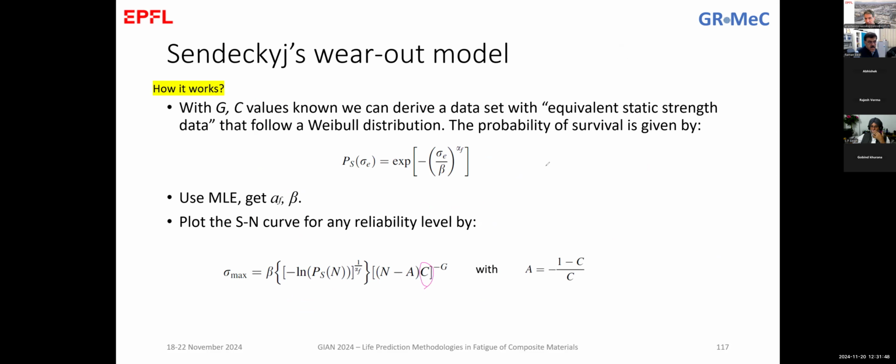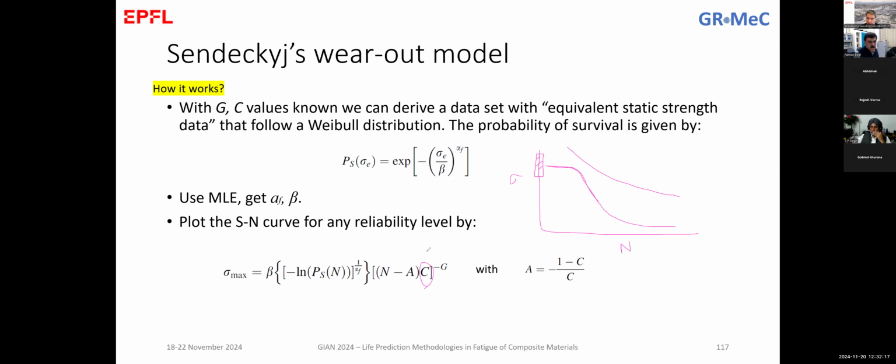Actually, the parameters, I will draw the curve. So sigma versus n. This is the typical power law equation, one slope, and Sendeckyj gives an equation with two slopes. And this slope here is exactly depending on the values that we have for the static strength data.